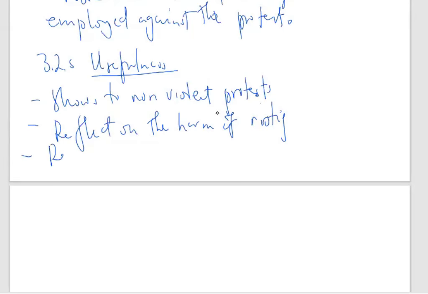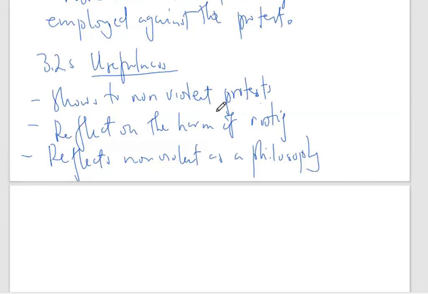It also reflects nonviolent protests as a philosophy. A philosophy, you are saying, is a way of life. It was a way to be adopted by Black Americans, not to respond violently to their oppressors but to protest in a non-violent way. So it also gives a reflection on non-violent protest as a philosophy.